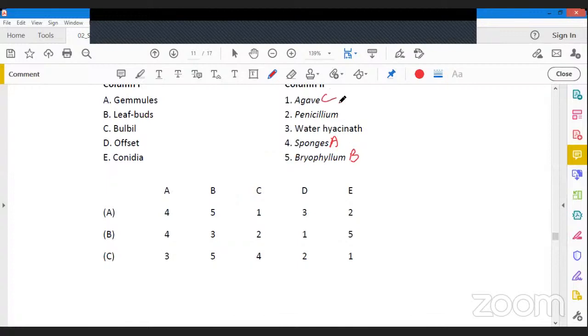Bulbils in the case of Agave. Offset in the case of water hyacinth. Conidia in the case of Penicillium. So the correct answer is A-4, B-5, C-1, D-3, E-2.